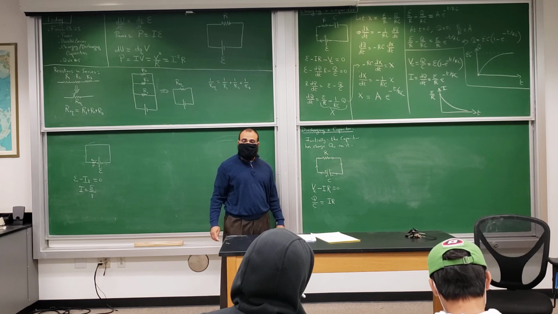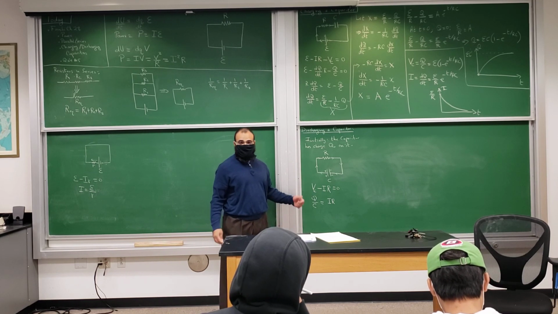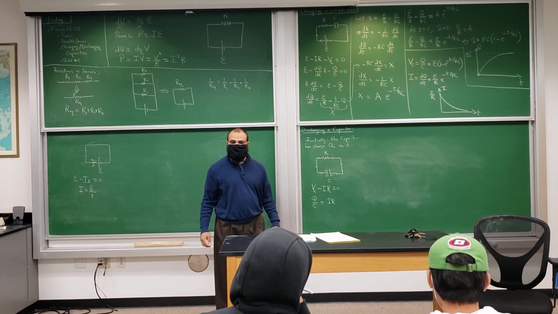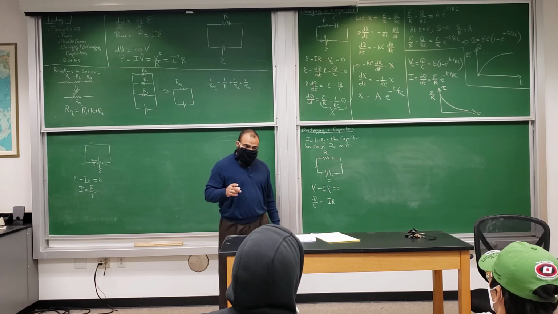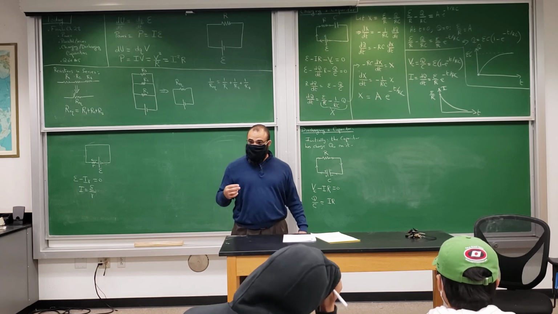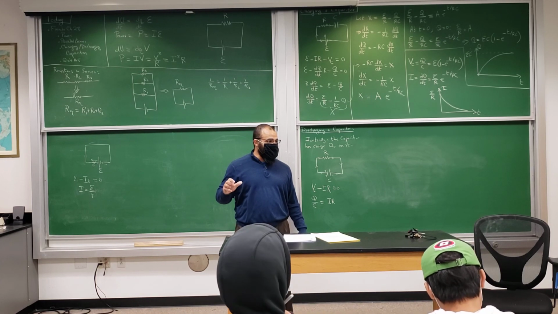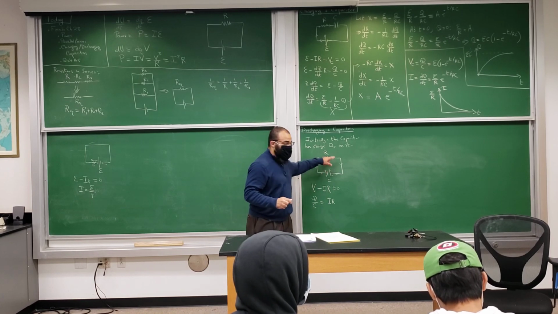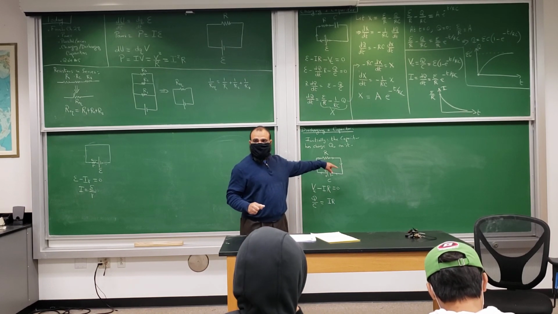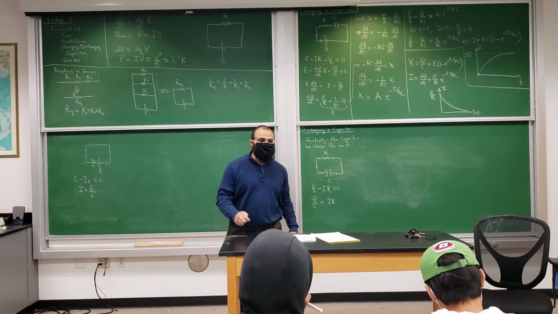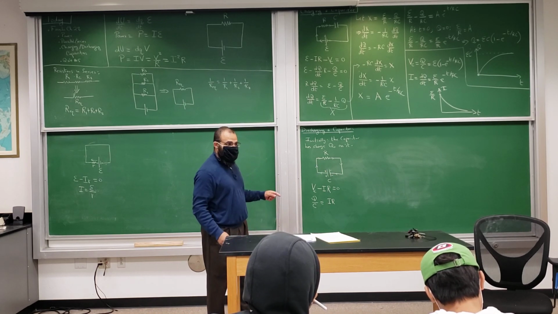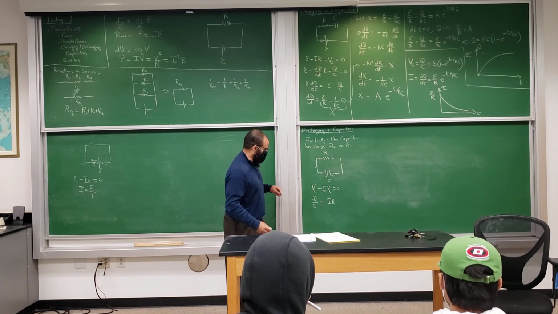I claim though, in this case, it's negative dq dt. Why? Because you're discharging, so dq dt is a negative number. So negative dq dt would be a positive number. And the current has to be positive because that is the actual direction of the current. So the current would be, in this case, minus dq dt.